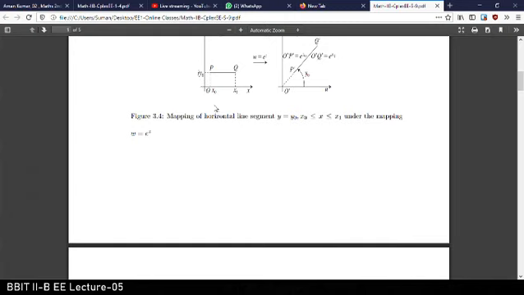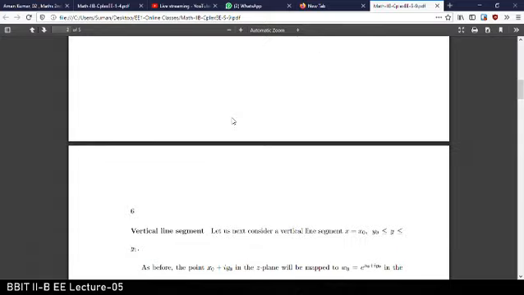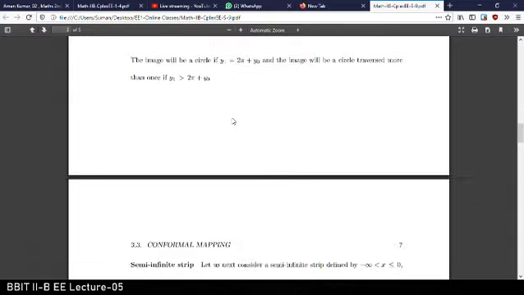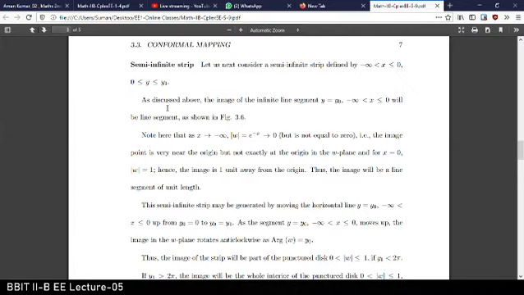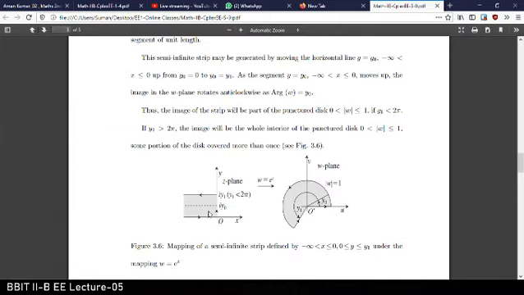What have we mapped so far? The line on the x-axis which starts at minus infinity and ends at 0. If I consider any other line in this strip, any other point y0 here, in that case the distance will not start from 0.